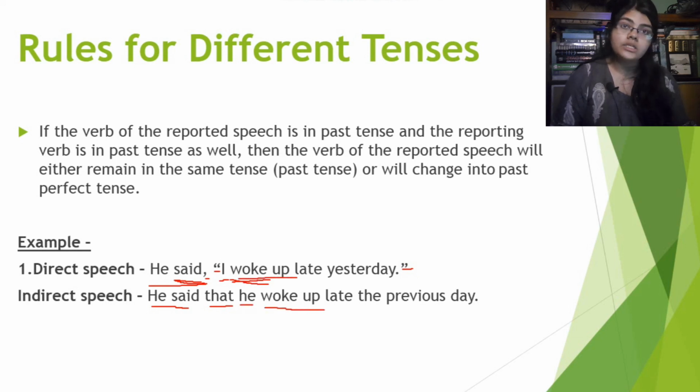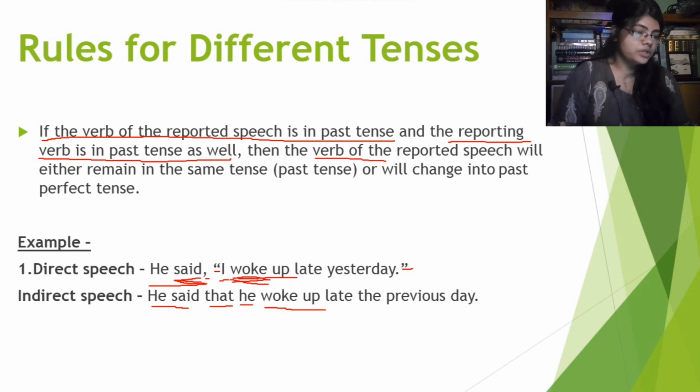Why is that? Because in the point we said that if the verb of the reported speech is in past tense, which is woke here, and the reporting verb is in past tense as well, which is said, then either the verb of the reported speech will remain in the same tense, which is past tense, or it will change into past perfect tense.